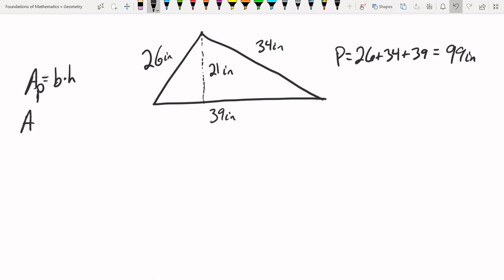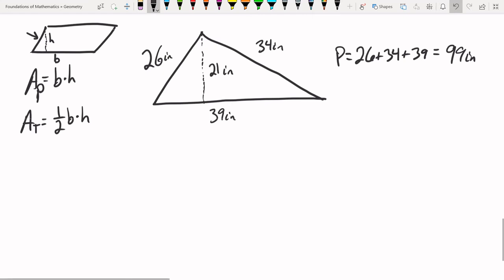The area of a triangle, since it's just half of a parallelogram, is 1/2 base times height. Of course, the height measurement is always what's important here. Just like in a parallelogram, what mattered was this height measurement here, not this side. We don't want that side. We want the height as part of our measurement there. The base was always one of the side lengths.